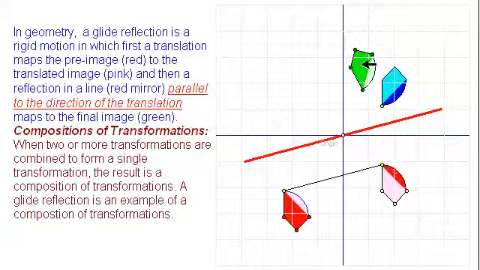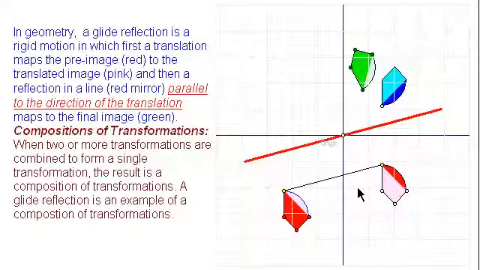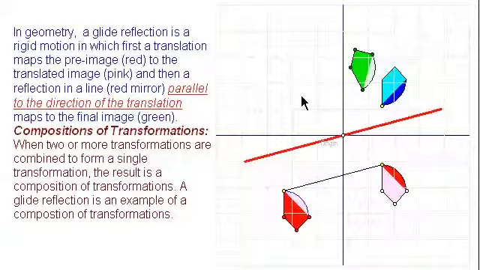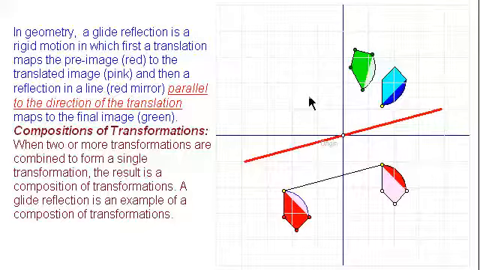So the blue is not the glide reflection, the green is the glide reflection, because the line of reflection is parallel to the line of translation. Based on this, there are some questions on the same page where we are going to show you how to find the answer, whether a particular reflection or translation is a glide or not.